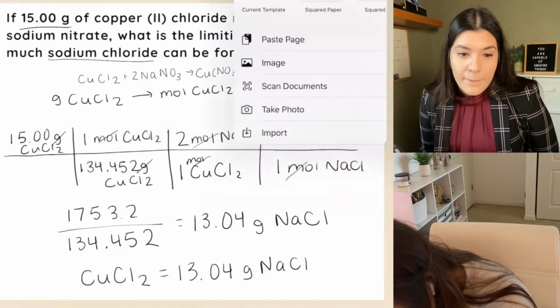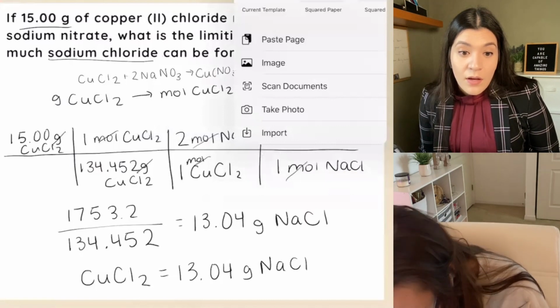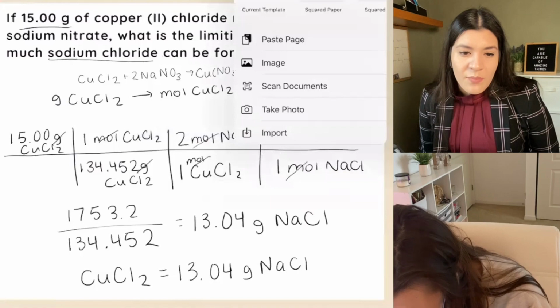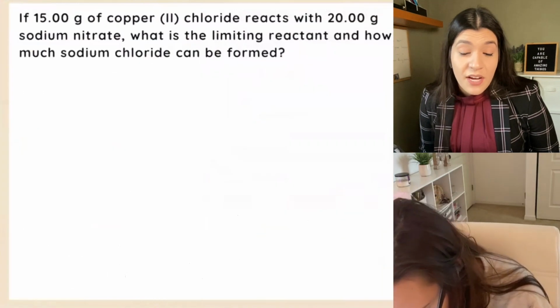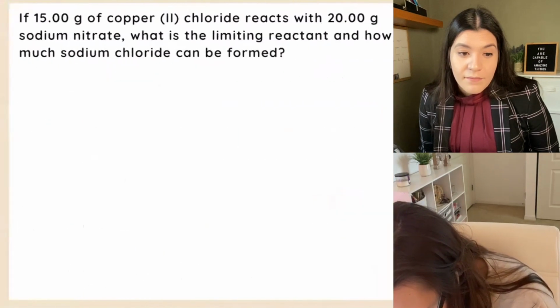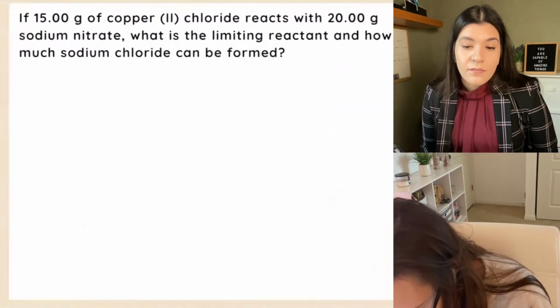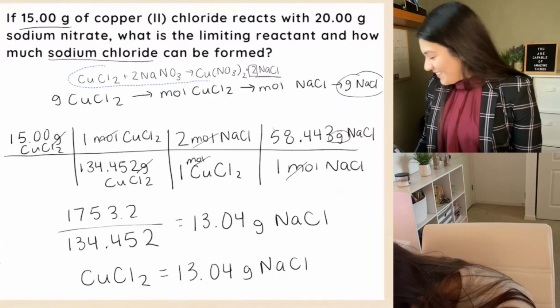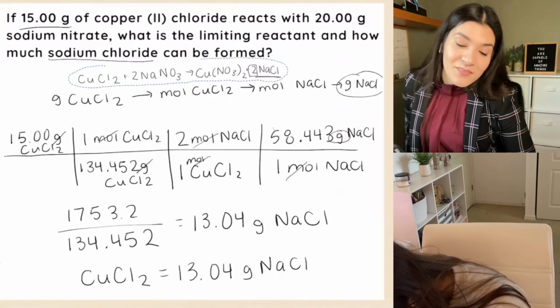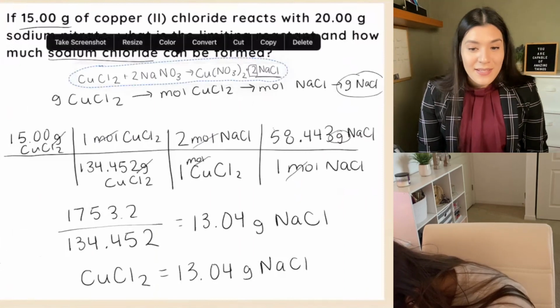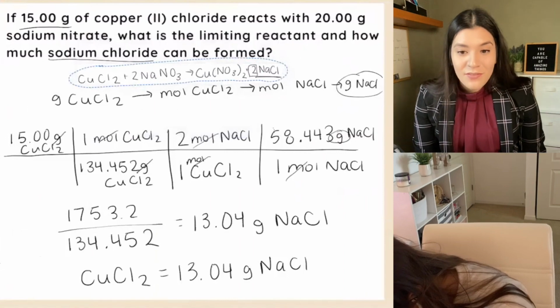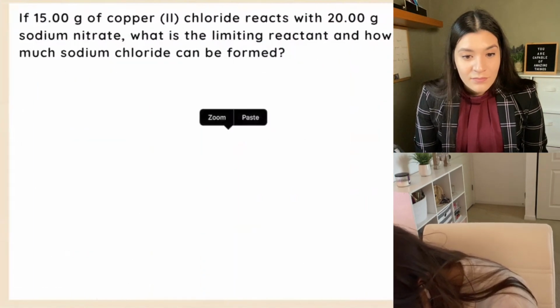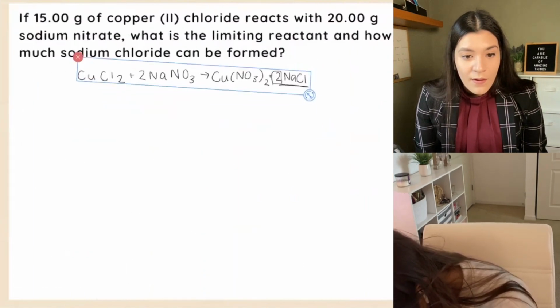Do I click current template or squared paper? Current template. I do not know how this works. It's fine. Mine's a little bit different, but it's the same app, just different versions.